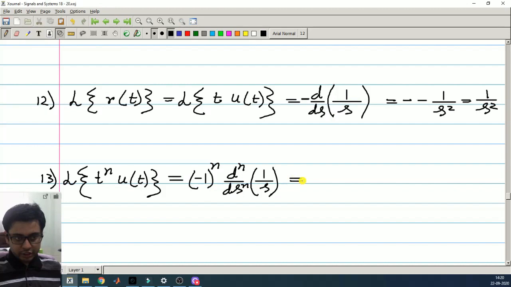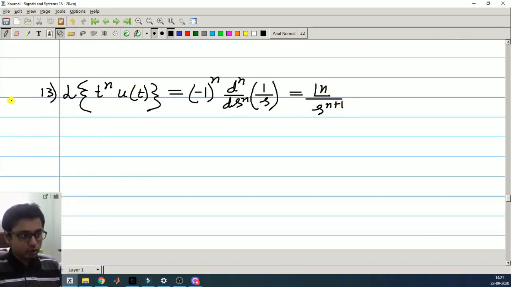Now if you perform this differentiation, you will get factorial n whole divided by s to the power n plus 1. You verify this yourself. Again, this is your homework. It is simple to do.